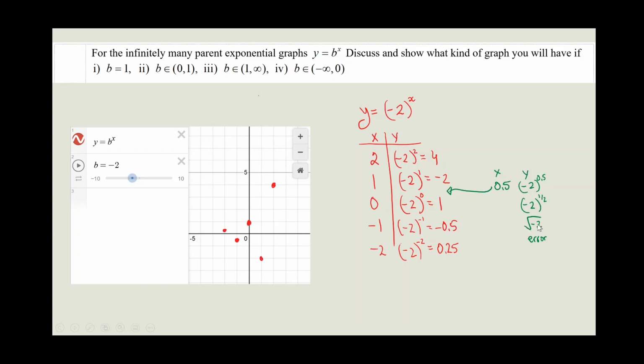And with real numbers, the square root of a negative does not exist. It gives us an error. So there will be a bunch of gaps between each of these dots. All that to say that we will not study this last version because it doesn't give us a smooth continuous graph. We will not study the first version either because it's too boring. It's just a flat graph at 1.